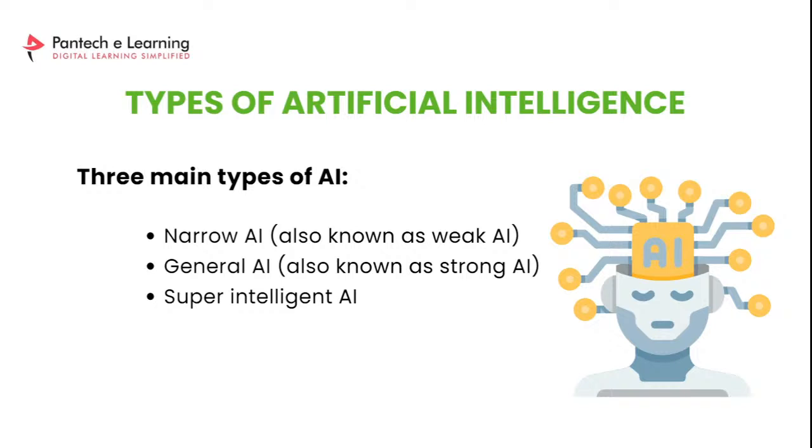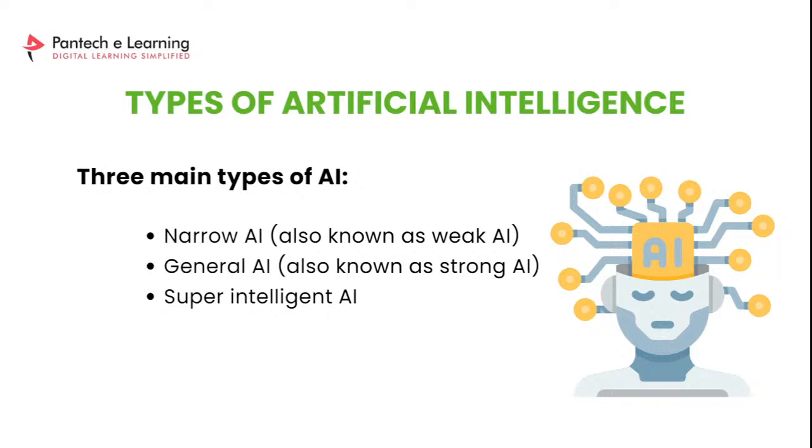Here are the basics. One is narrow AI, or you can call it weak AI. It is an AI system designed to perform a specific task or a set of tasks. This is the type of AI used in current applications. It is called weak not because it lacks power or capability, but because it's a long way from having the human understanding or consciousness that we correlate to true intelligence.